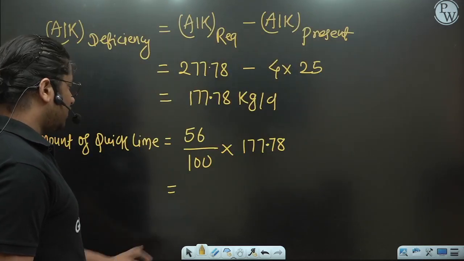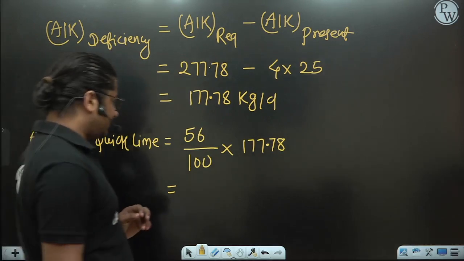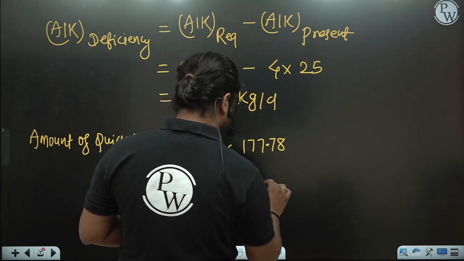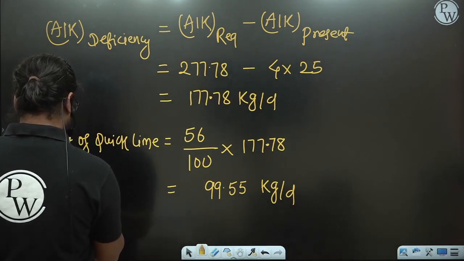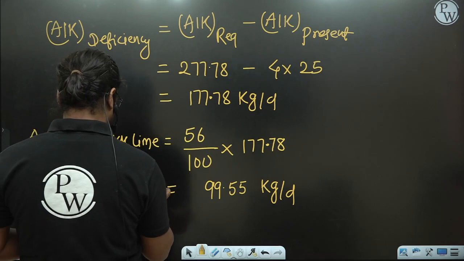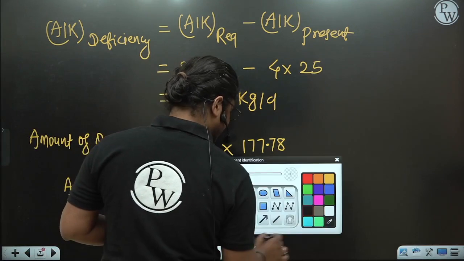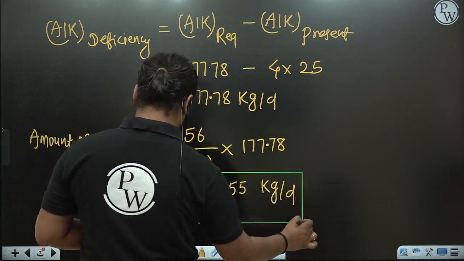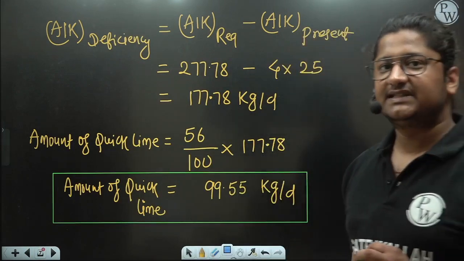So 56 divided by 100 into 177.78, roughly 99.55. According to my calculation, we are getting 99.55 kg per day. That is the amount of quicklime which is required. I hope it is crystal clear to all of you.